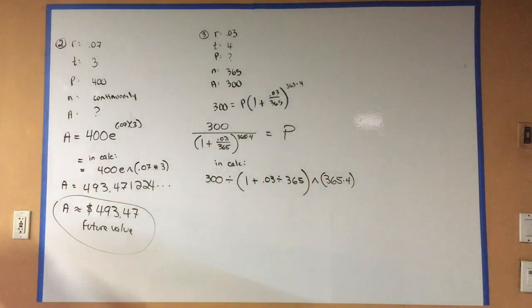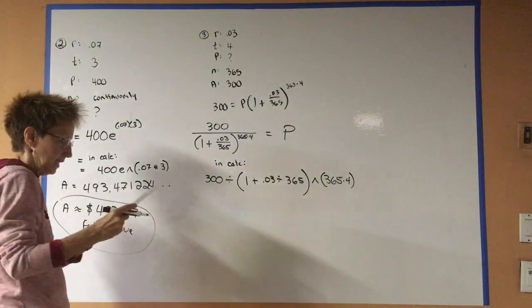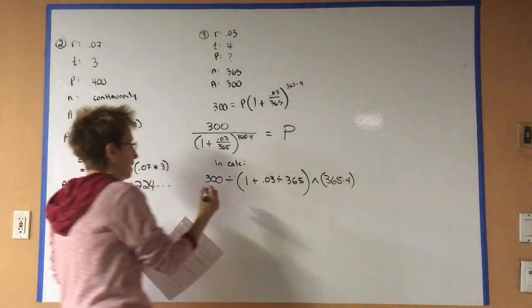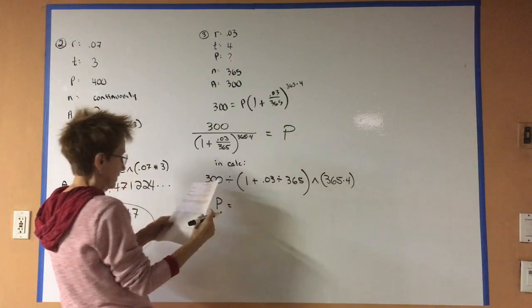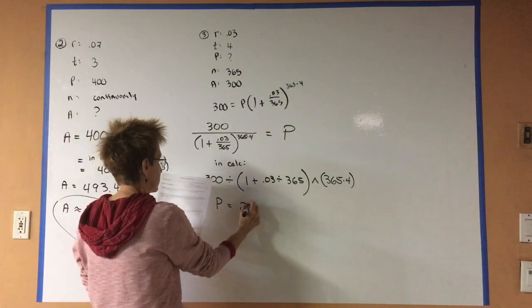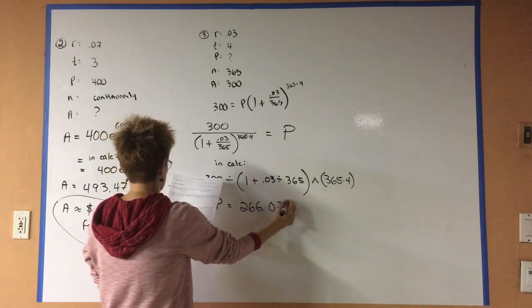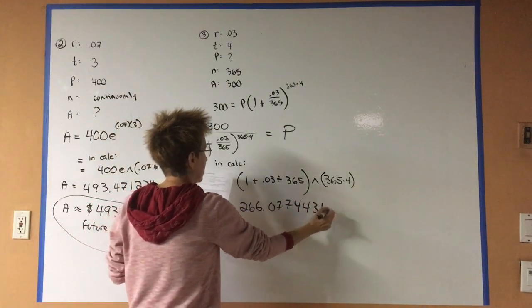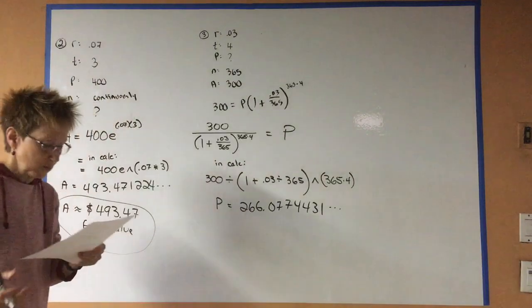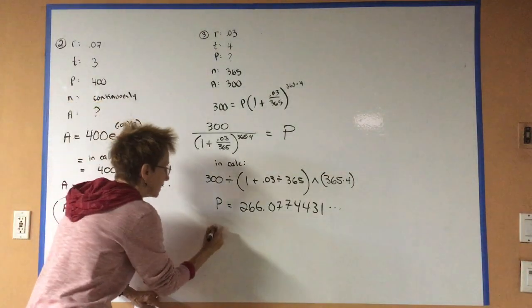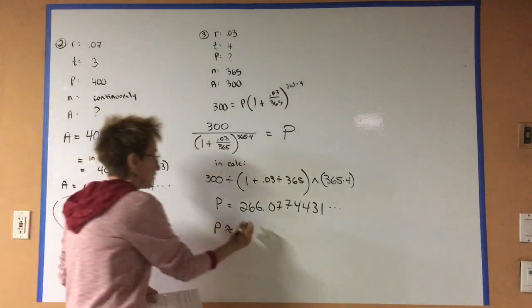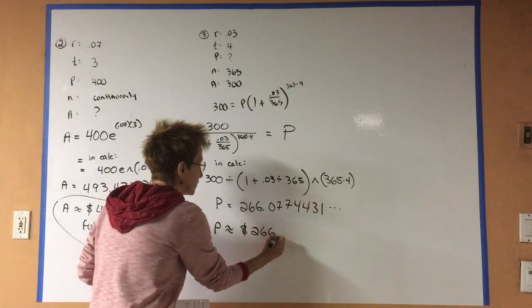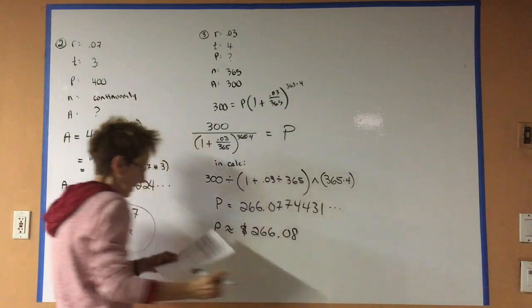No. So when I put that in my calculator, it spit out that the present value is equal to 266.0774431. It keeps going. I just don't have any more room on my screen. So that means that my present value is approximately equal to, this is money, so I will round it to the appropriate money, $266.08.